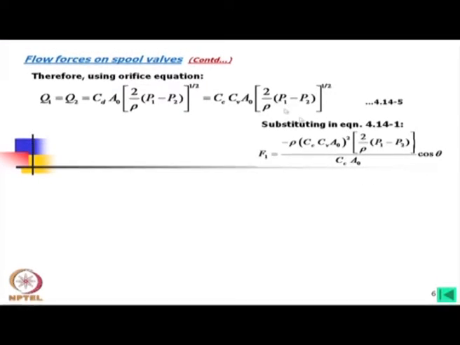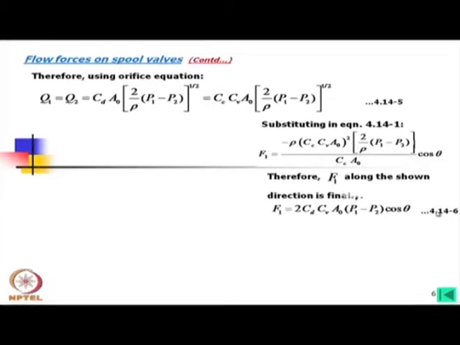This derivation I have not shown, but if you substitute there, automatically you will arrive at this. Okay. Now, therefore, F1 along the shown direction, if we further equate this one, is finally 2 Cd Cc Cv A0 (P1 minus P2) cos theta. Here of course, the minus sign will be there for the direction we have taken.